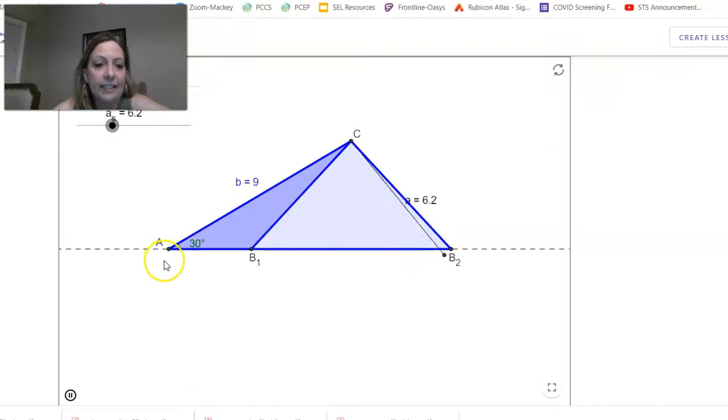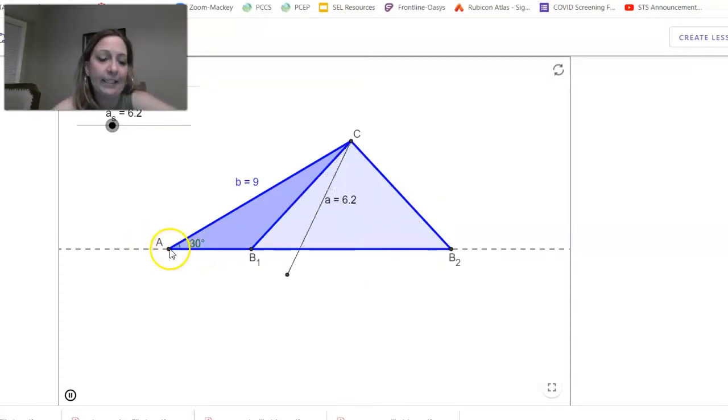One triangle is here at A, B sub 1, and then this C that's here. So this darker blue triangle, do you see how angle B1 here is this obtuse angle? That's the quadrant 2 angle that we're finding. So this is that second triangle we're forming.